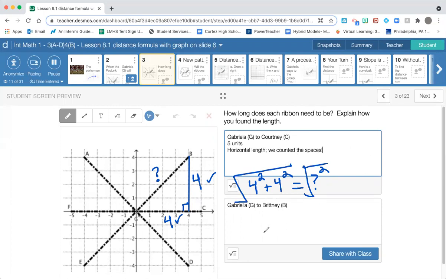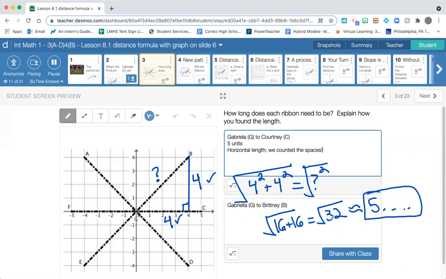If you simplify, it is the square root of 16 plus 16, so the square root of 32, which is approximately 5 and some change, definitely a lot bigger. So the length of this is the square root of 32, or approximately 5.2. I don't know exactly, but GC in this case is not as long as G to B.